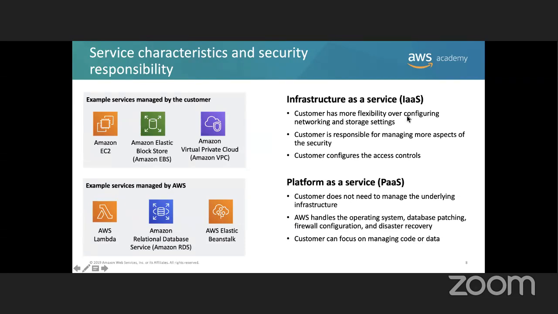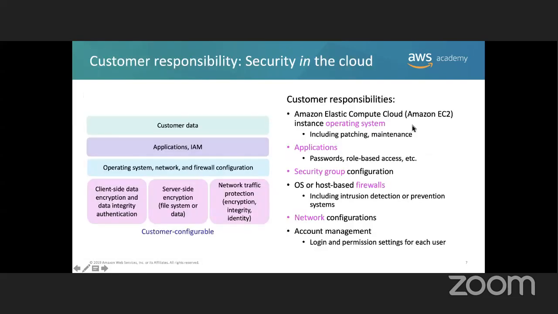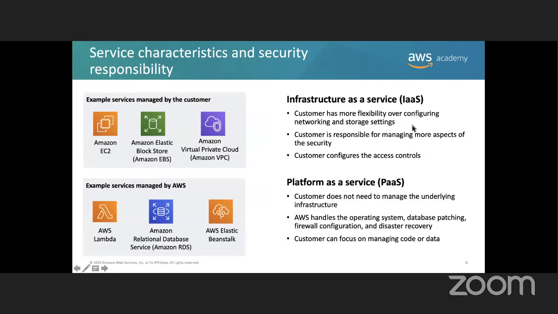So here the customer has more flexibility over configuring networking and storage settings. The customer is responsible for managing some aspects of the security, and the customer configures the access controls. All right. This has to do with your data.